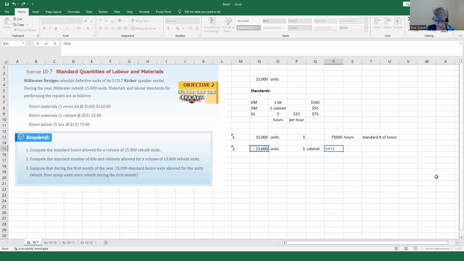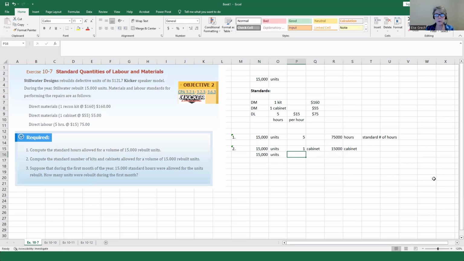Of course, I'm going to take that 15,000 and multiply it by 1. That's 15,000 cabinets that I need to rebuild these. If we use 16,000, that's going to be a problem. If we use 14,995, this is good.